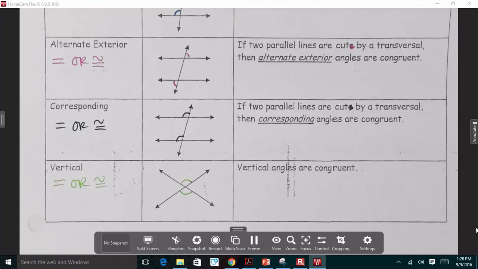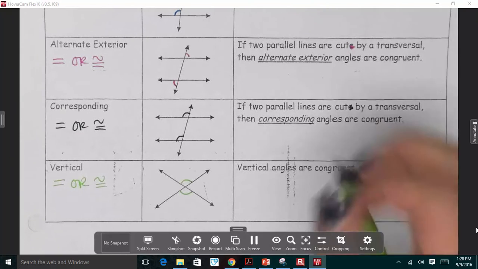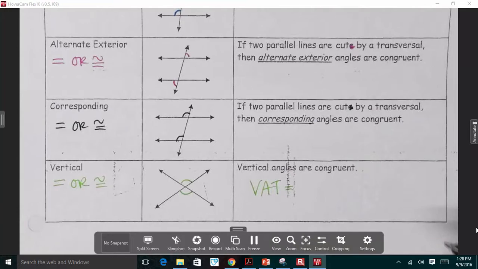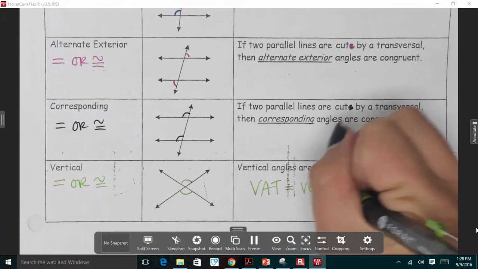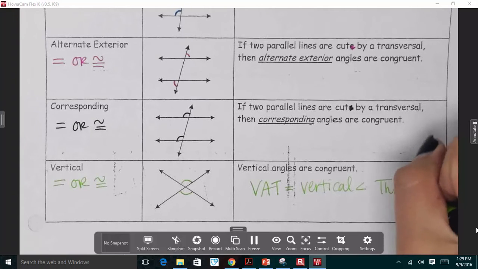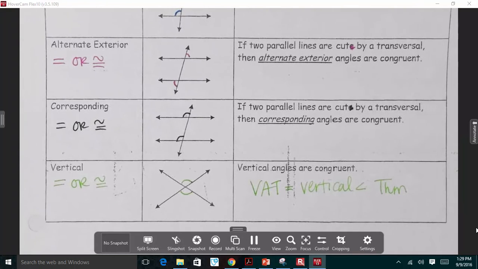And so we can write vertical angles are congruent, or for me, I will let you write VAT, because that means vertical angle theorem. So I'm going to let you shorthand that. Okay, so y'all ready to try a proof?